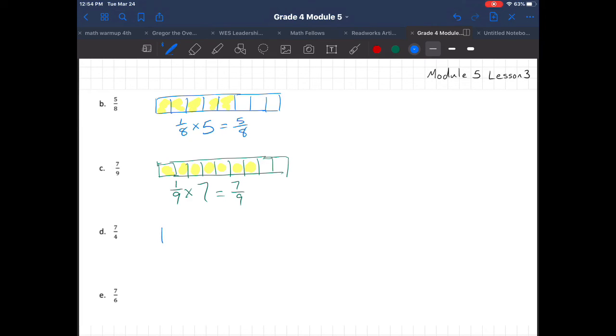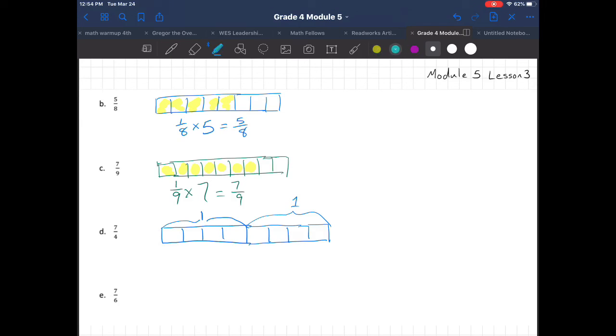And now we have 7/4. So 1, 2, 3, 4. That's going to make 1. But I'm not done yet. I need 7 of them. 1, 2, 3, 4. That's another 1. 4/4 makes 1.